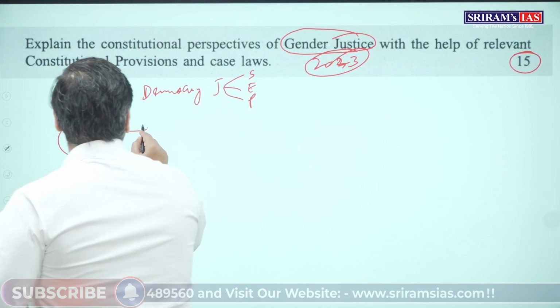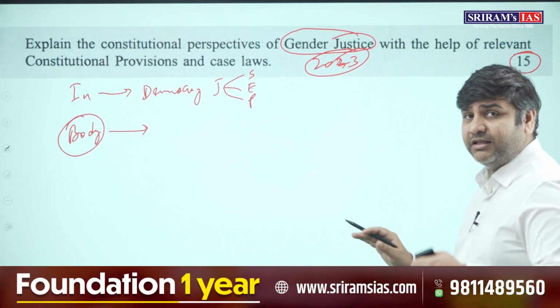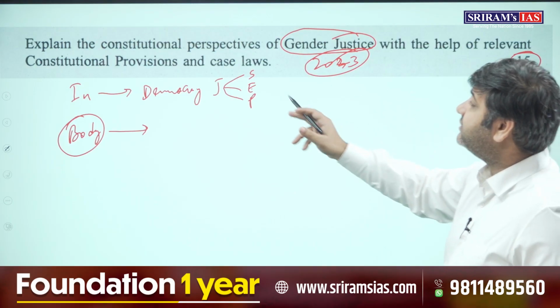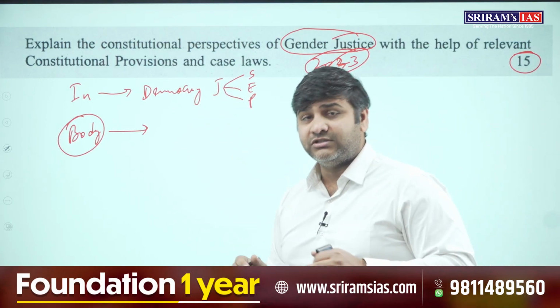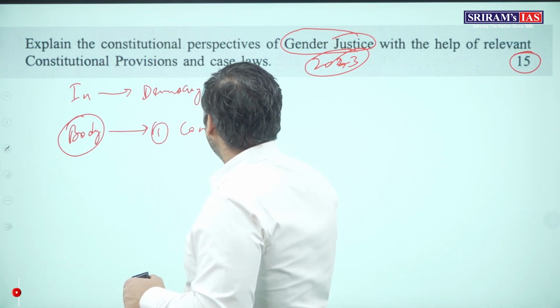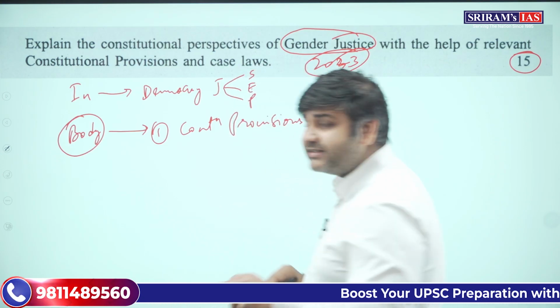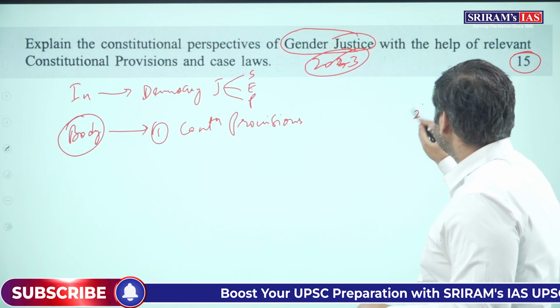Reading the question again, explain the constitutional perspective of gender justice with the help of relevant constitutional provisions and case laws. So as I have mentioned, there are constitutional provisions, and the second important thing is there are case laws.